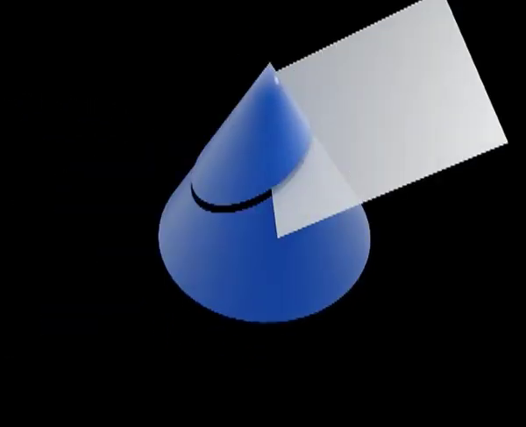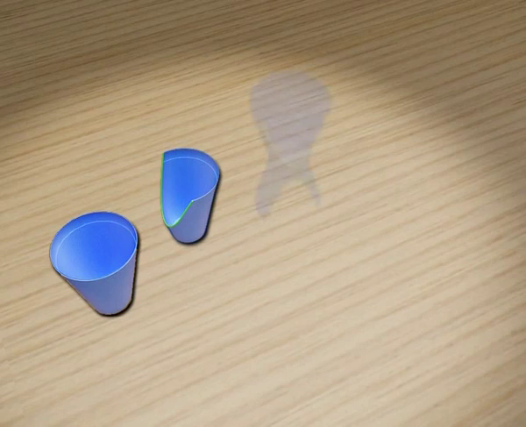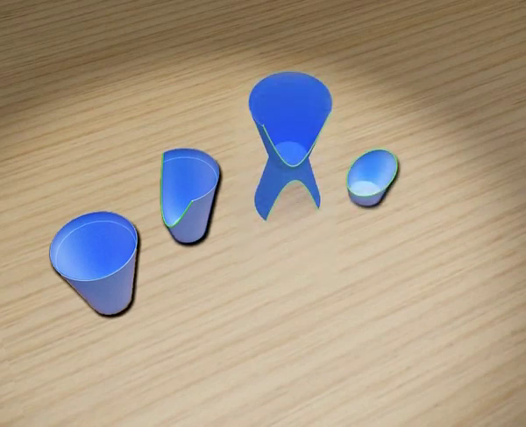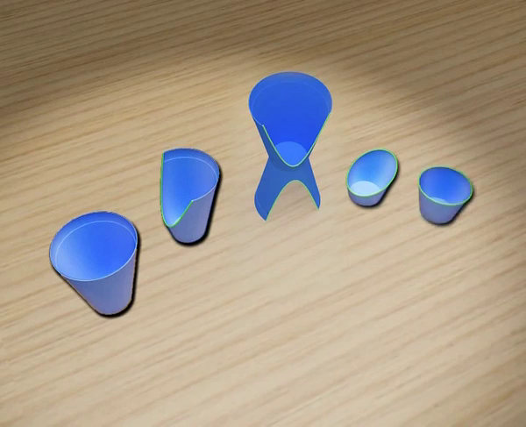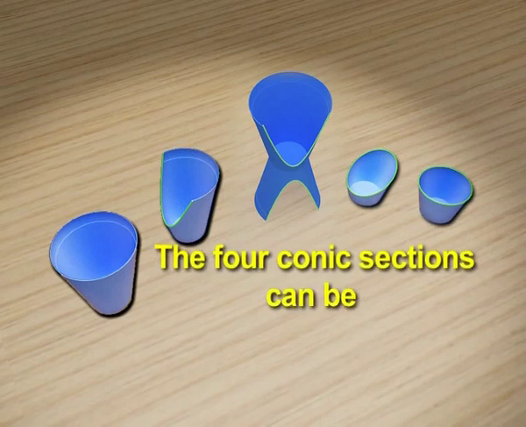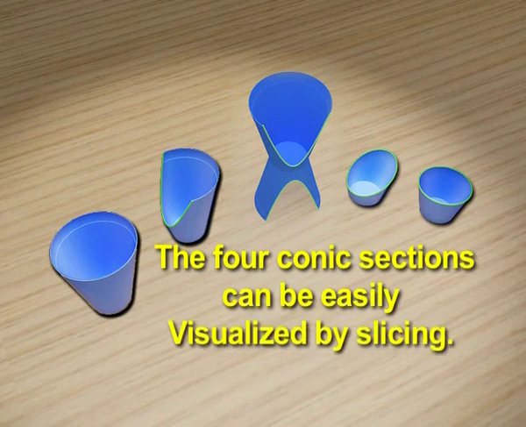The circle and the ellipse arise when the intersection of cone and the plane is a closed curve. The four conic sections can be easily visualized by slicing.